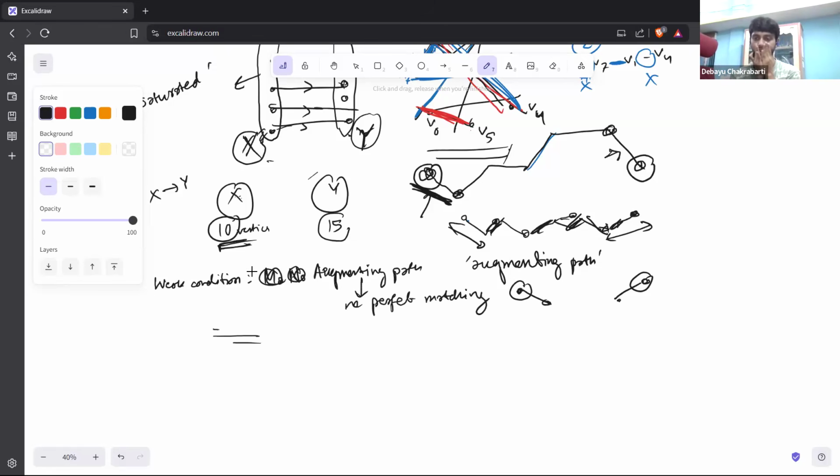So can you do that? Is my question. But if you have a perfect matching which has an augmenting path, then it can't be a perfect matching. Yes. Suppose you had the maximal matching.